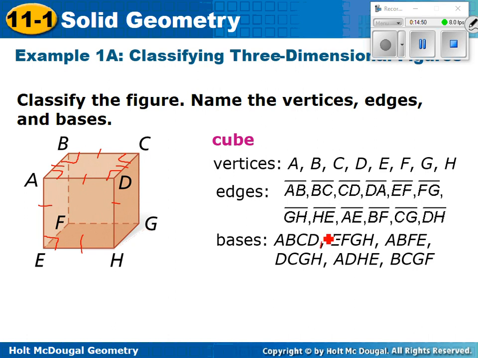So I could pick A, B, C, D, and E, F, G, H, and not name the rest of them. Those two would be my bases. Does that make sense? And to name a shape, remember you're going consecutively clockwise around it. You do not put anything above it. Separate it with a comma after you name each shape. Okay, keep going. Go all the way to where it says cross section.